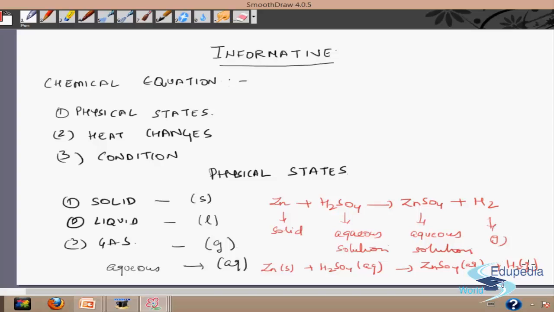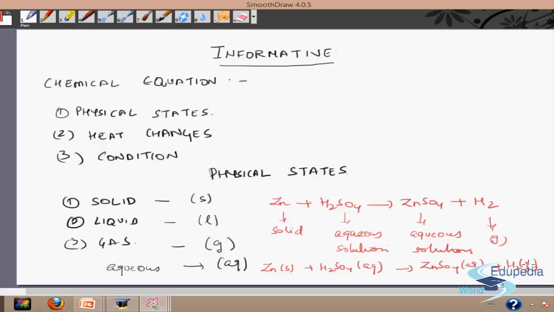Now this equation is more informative because it tells us the physical state of various substances involved in it. It tells us that zinc is in solid state, sulfuric acid is in the form of aqueous solution, zinc sulfate is also in aqueous solution, but hydrogen is in the gaseous state. An arrow pointing upwards is used to indicate the gaseous product in the equation.